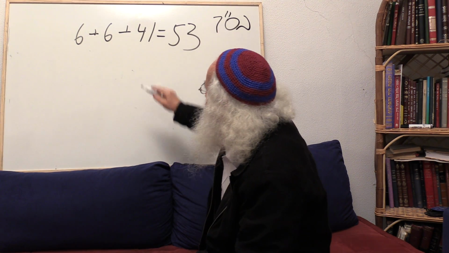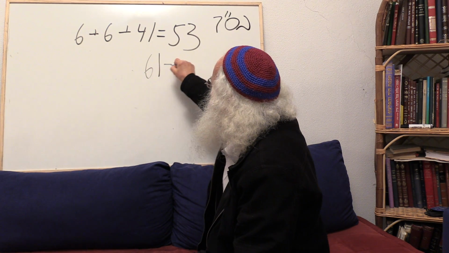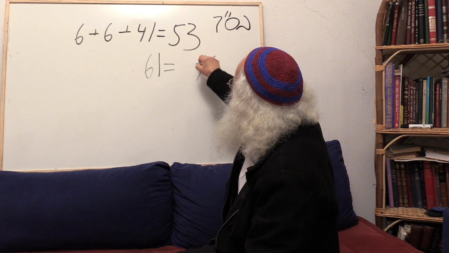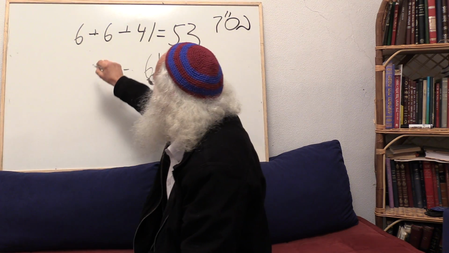after this came 61, which equals Ani, me, the ego. This is related to the generation of Peretz.